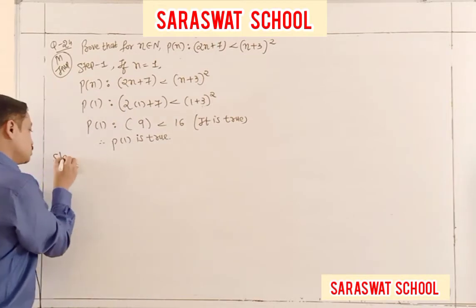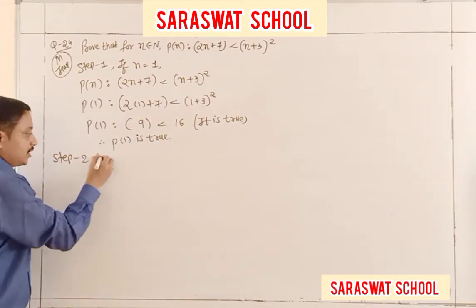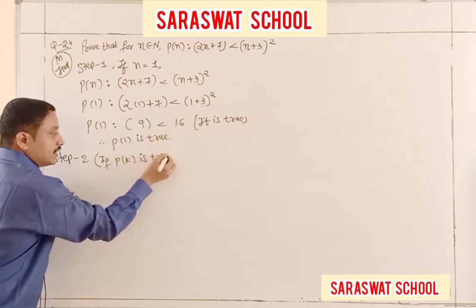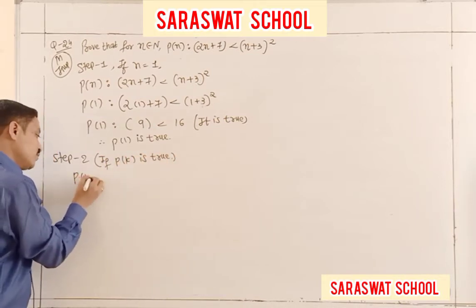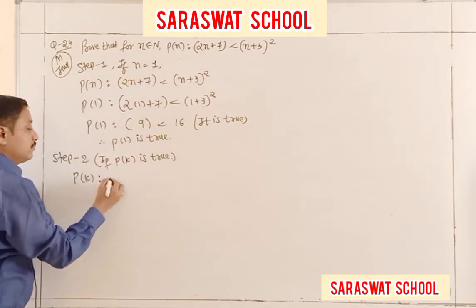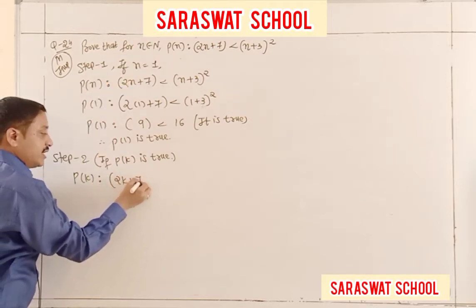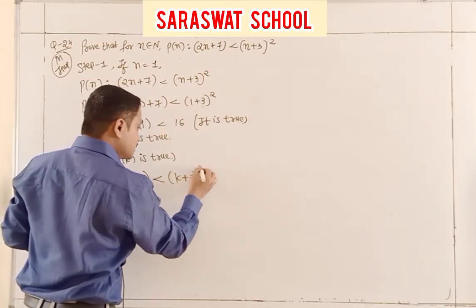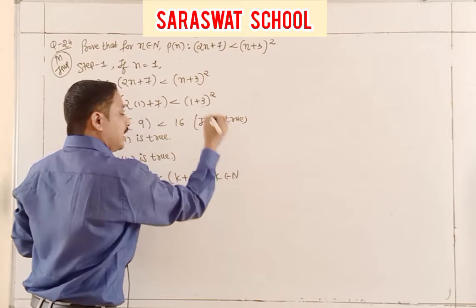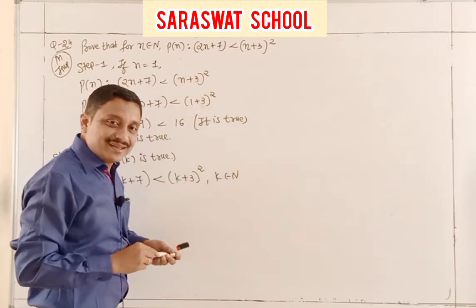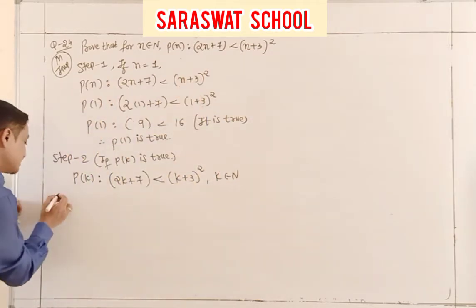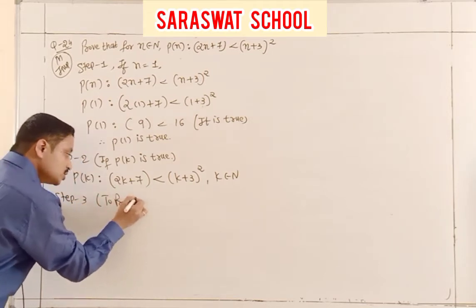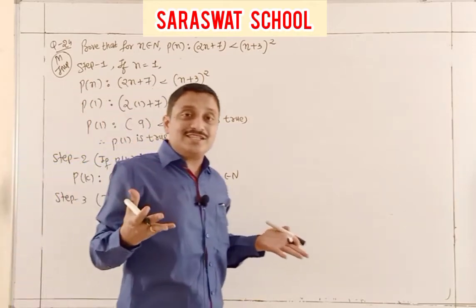Now step 2: if P(k) is true, and that's very easy. For P(k), you just write 2k plus 7 is less than (k plus 3) whole square, where k belongs to natural numbers. And now step 3, which is to prove. Students, this is the last question of this exercise.